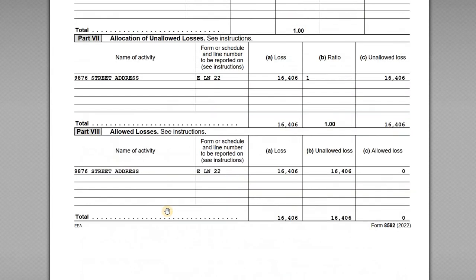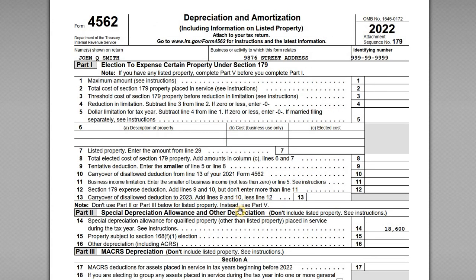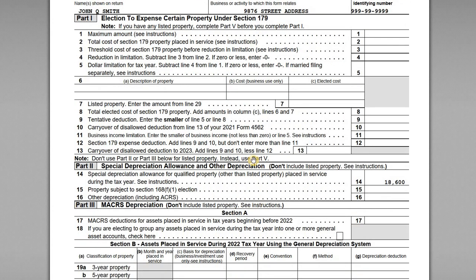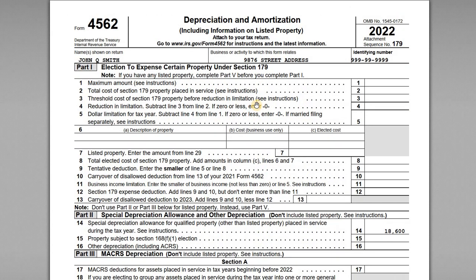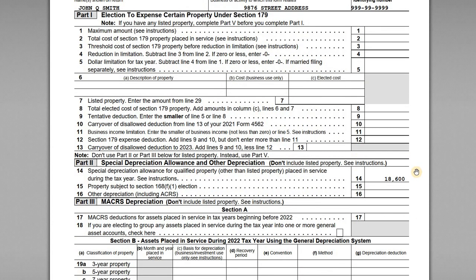Okay, so once we have the election in place, we've done all the other schedules that are required. We can touch on the 4562 as well. The 4562 is where we report the depreciation and amortization expense for the period. The special depreciation allowance, or bonus depreciation, is the piece that's coming from the fixtures, so the $18,600 is the bonus piece.